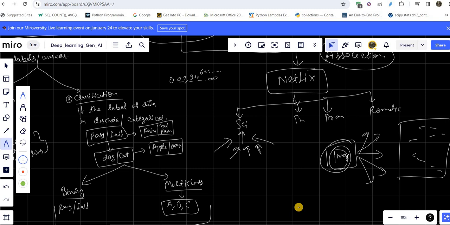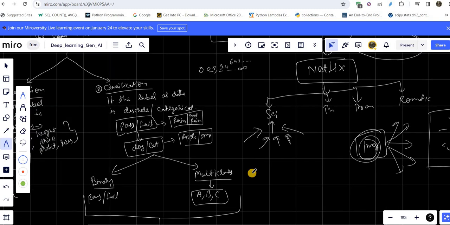They do not have an answer. They have their previous data without answers, and on that they use some algorithm, which I will cover, how those algorithms actually work, and then you will be able to understand that by using these algorithms we can solve that problem. So I think unsupervised, supervised, regression, classification, these parts are clear.